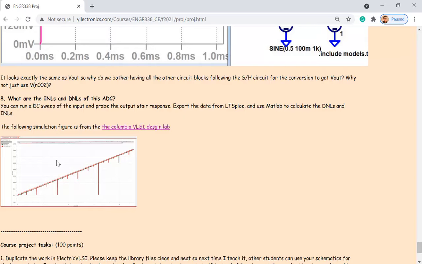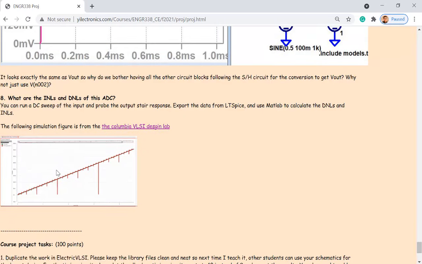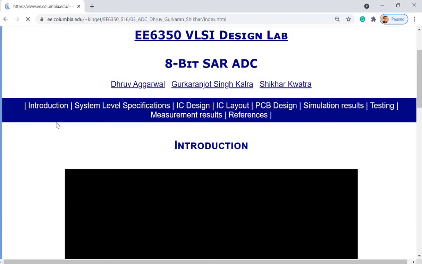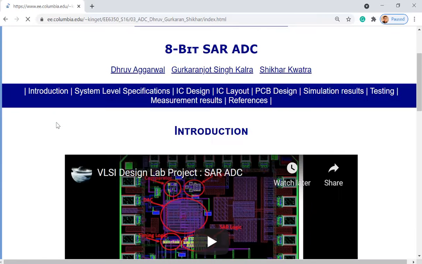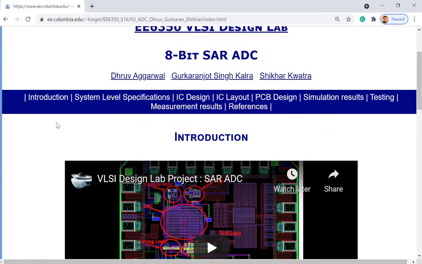If you look at this one, the quality of the images is really low from the students here. I think these groups are graduate students at Columbia University, and they did a year-long project and laid it out in IBM 130 nanometer technology, and taped it out.